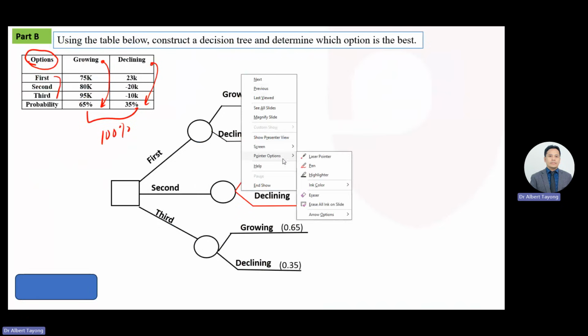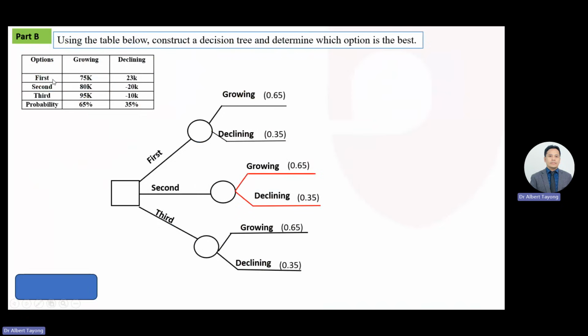And look at the table properly. The first one, we have 75K and 23K. So here we have 75K and 23K. For the second one, we have 80K and negative 20K or negative 20,000, and 95K and negative 10K for the third. And then we calculate.